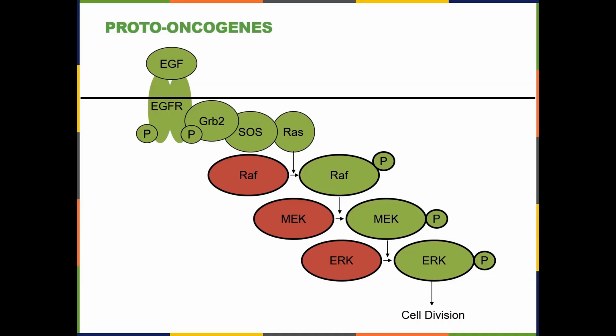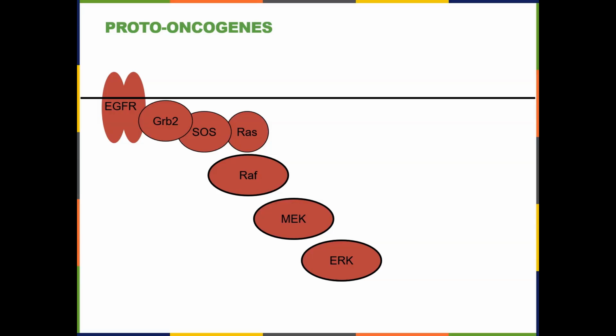This involves the mitogen activated protein kinase signaling cascade, where RAS kinase phosphorylates and activates MEK kinase, which phosphorylates and activates ERK kinase. ERK then stimulates cell division by activating a variety of different targets that turn on genes within the nucleus to speed up the cell cycle.